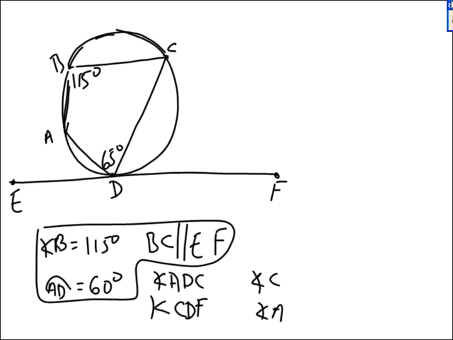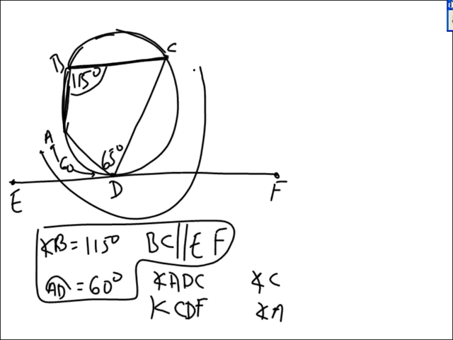Okay, now we're told that AD is 60 degrees. Now AD is not cut off by any particular angle. But now angle B, I meant to say, which is made up of AB and CB, this big angle is twice 115, it's 230.